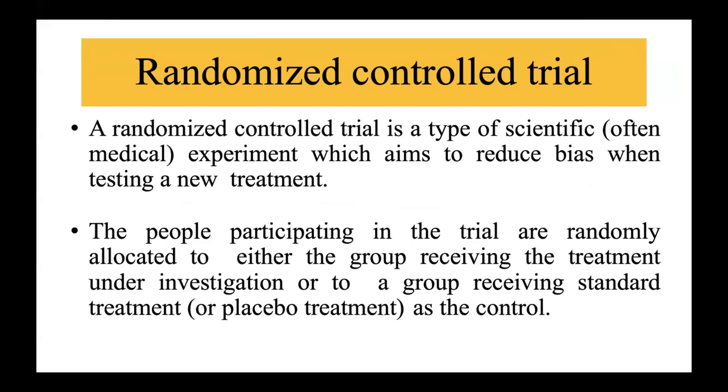A randomized controlled trial is a type of scientific, clinical, medical, experimental study which aims to reduce the bias when testing a new treatment. No doubt there are so many biases. The actual aim of the study is to reduce the bias, but an important drawback is that there are so many biases. To reduce the bias, it is very important to make a good questionnaire.